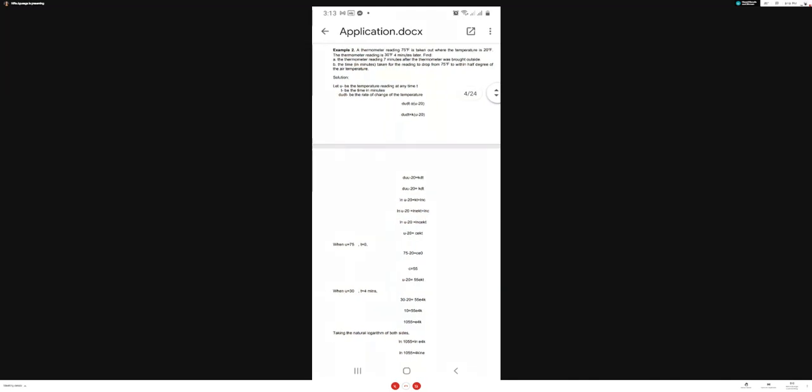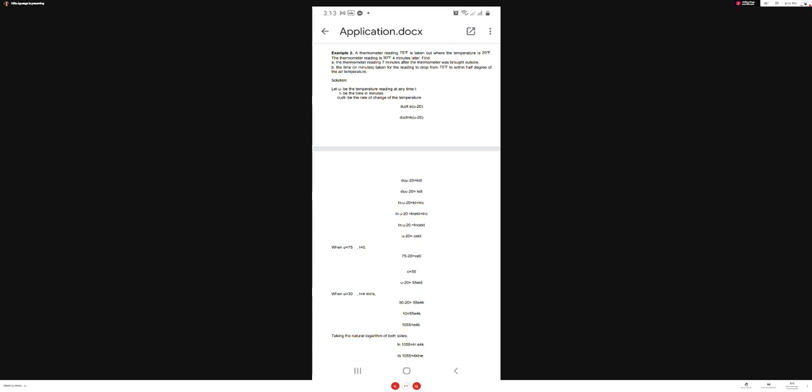So therefore, ang pinapahanap natin for letter A is kung given yung time is equals to 7, ang U ang hinahanap. For letter B naman, ang hinahanap natin ay T kapag ang U natin ay 20.5 degrees Fahrenheit. Okay, so let's start with letter A. So again, the formula is U minus TM, wherein TM is equivalent to 20 degrees.